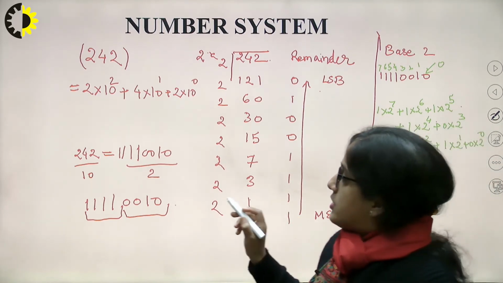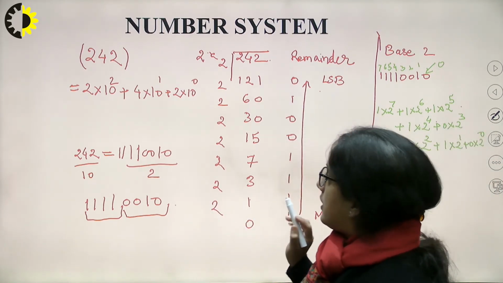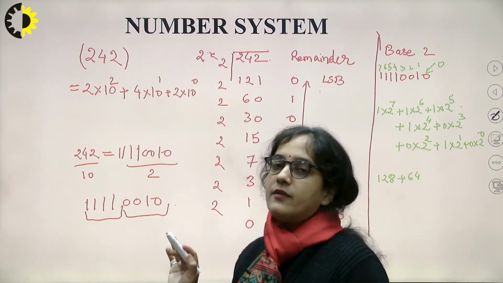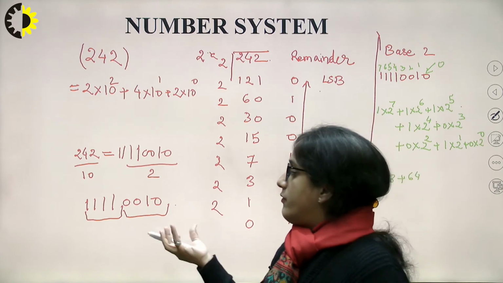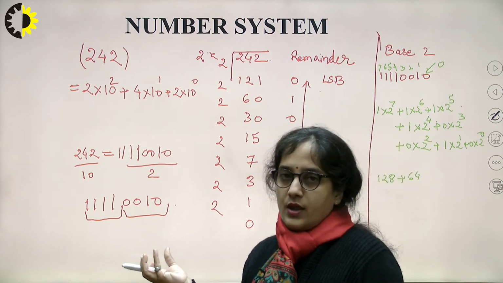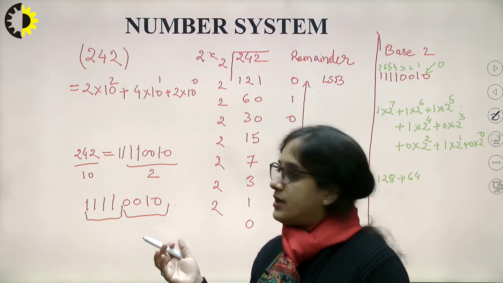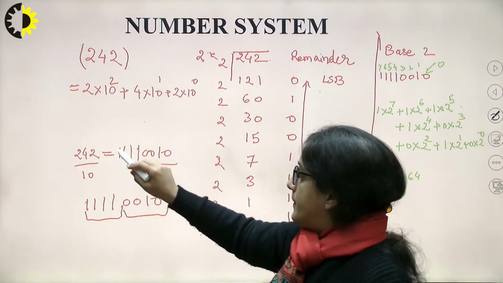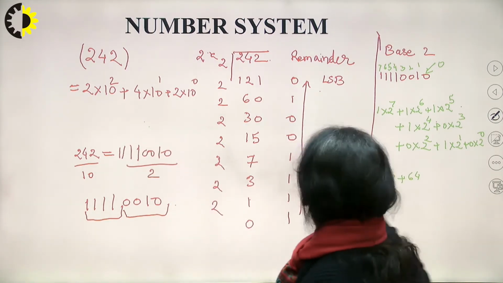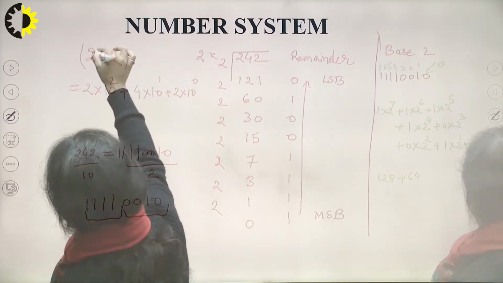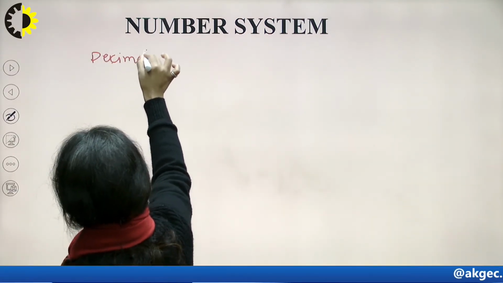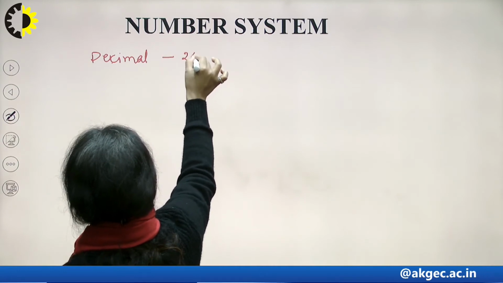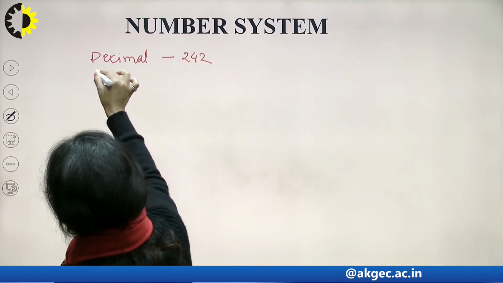Similarly, if I have to find the relation between a binary number and a hexadecimal number, we have to make a group of 4 bits and represent it as a binary number. So 242 in binary is 1111 0010.